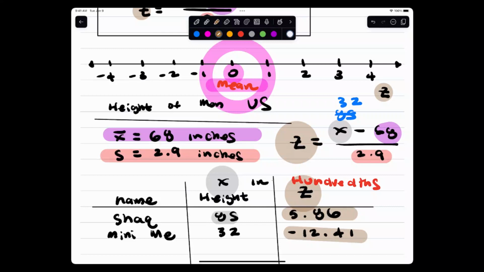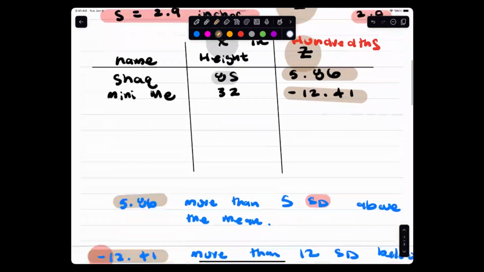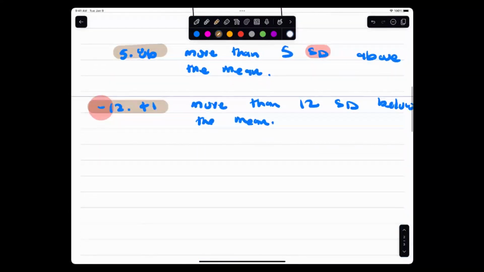Who's further away from 0? Mini-Me. This is Mini-Me's height. Shaq is actually closer to 0. I know they're in opposite directions, but that's not the point. We're saying who's farther from 0? Mini-Me, because Mini-Me is farther from 0.